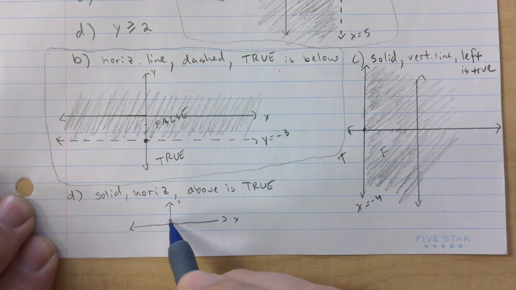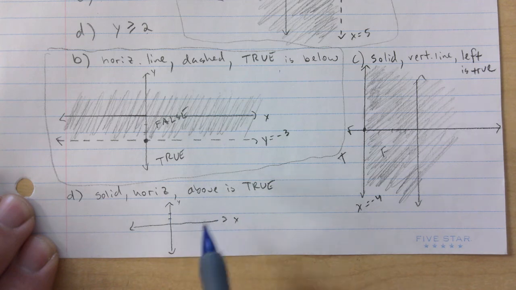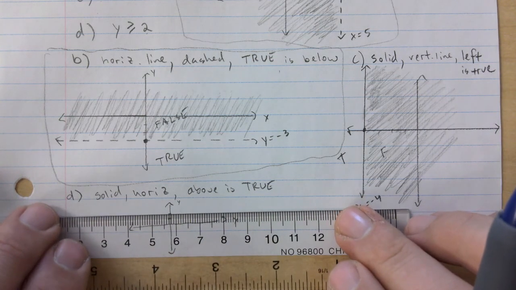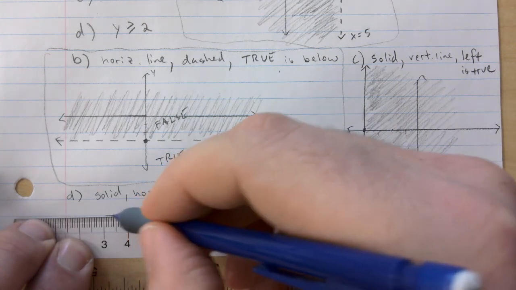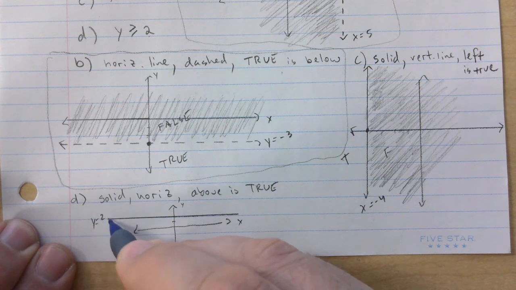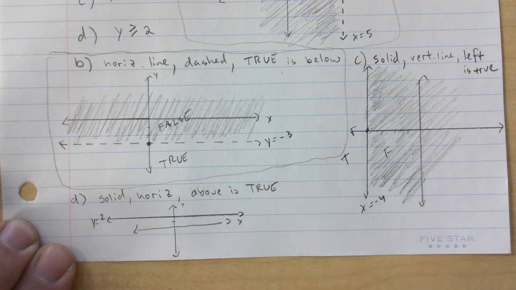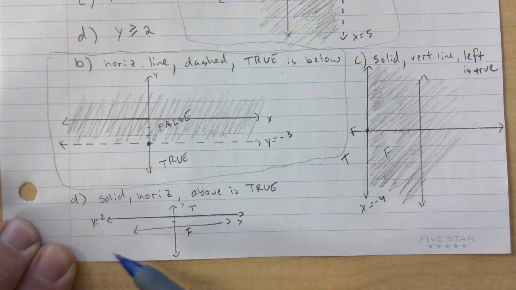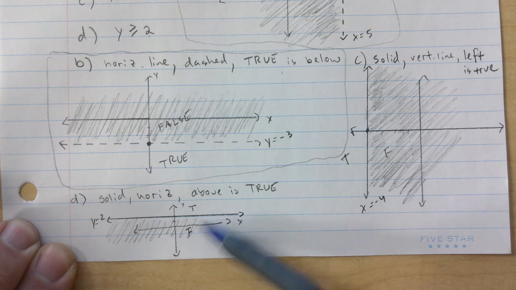So y is equal to 2, so 1, 2. It's a solid line. Y is equal to 2. True is above, false is below, therefore we're going to shade in everything below that line.